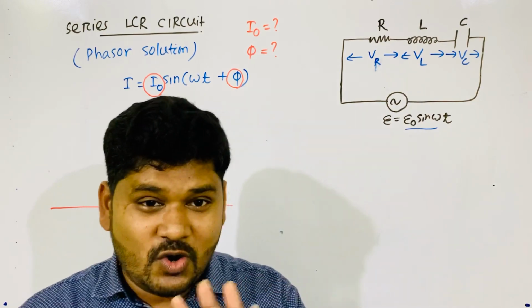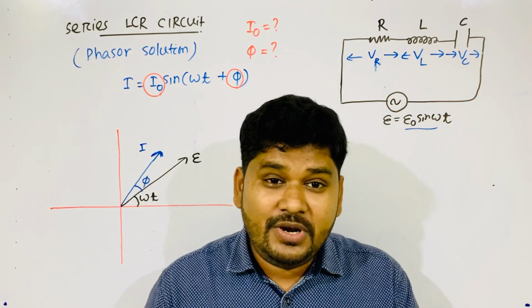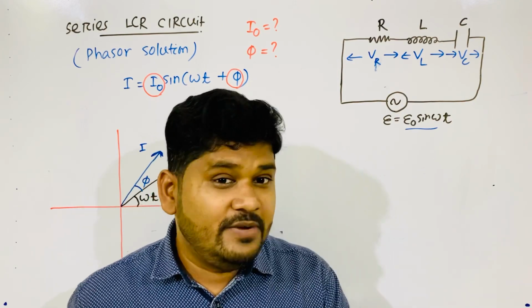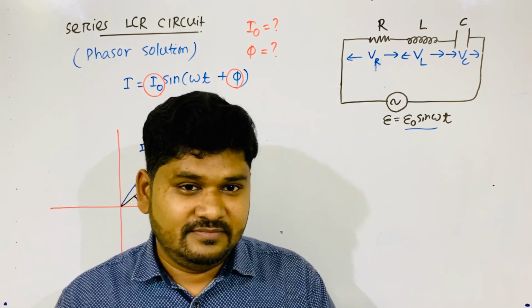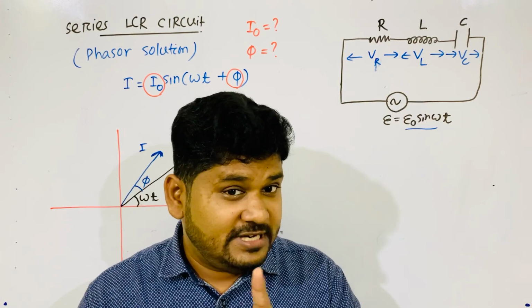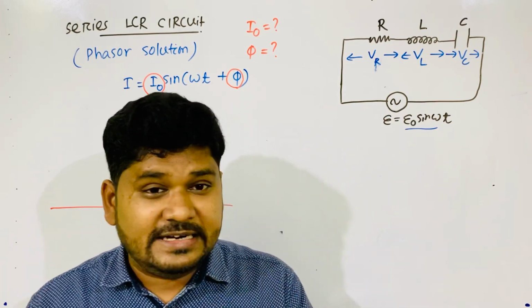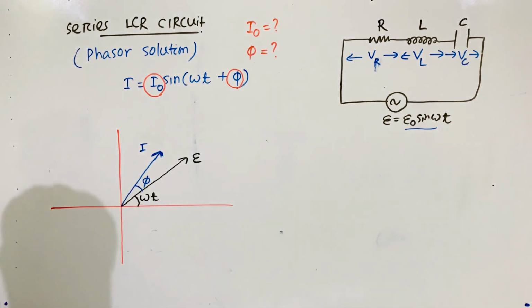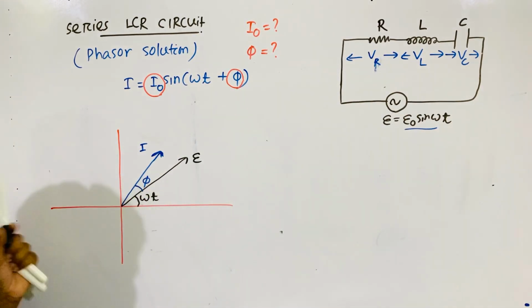Actually, voltages are not vectors, but we'll treat them as vectors only here. But keep in mind, voltage is not a vector. Okay, so now let's draw the voltages in this phasor diagram.